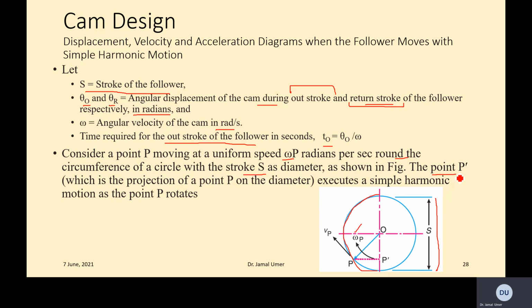The point P prime, which is the projection of point P on the diameter, executes simple harmonic motion. As in the very first diagram I showed, the follower is just moving up and down. So this is basically the projection of point P when it's moving. This is the way you construct simple harmonic motion curves.